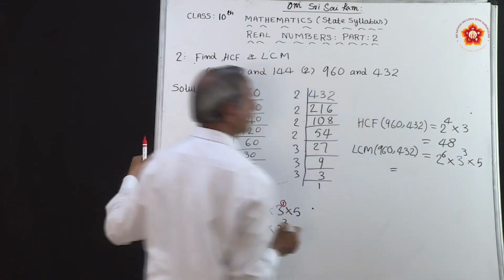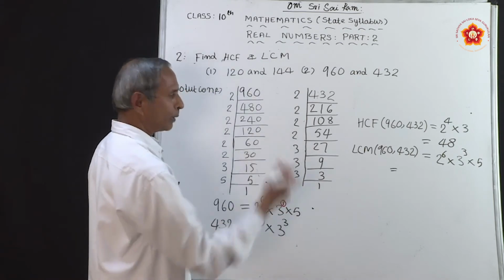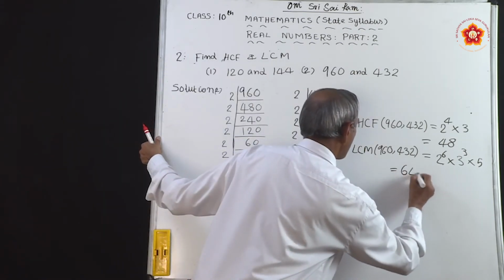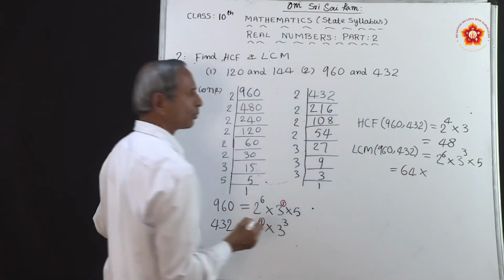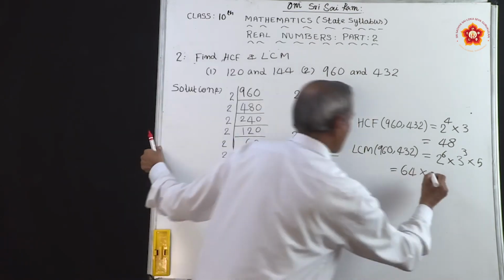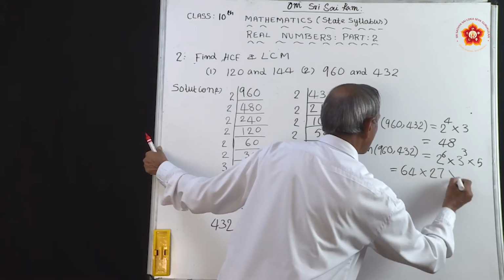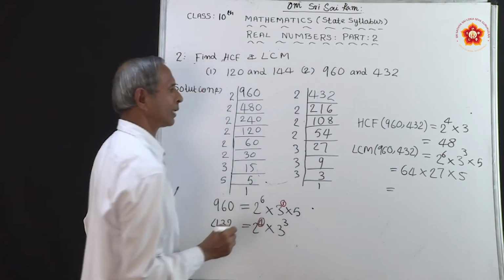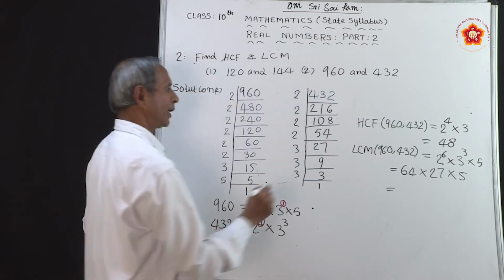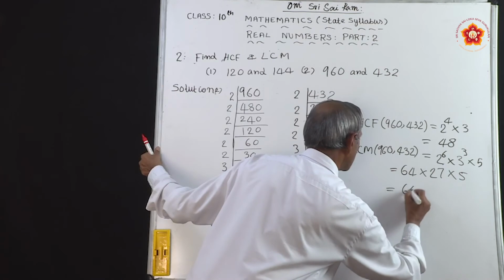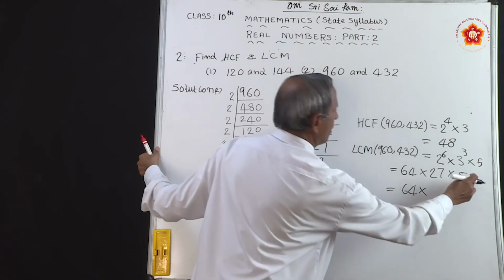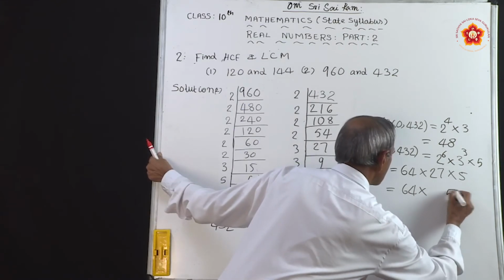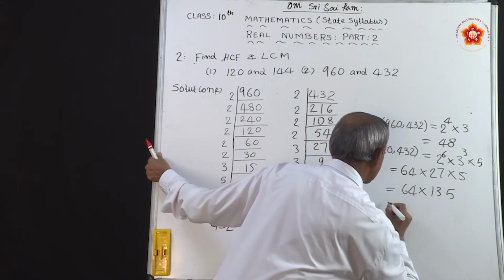Now, the final answer becomes 2 to the power of 6, you will get 64, and 3 cube becomes 27 into 5. All numbers you have to multiply now to get the answer. Therefore, you will get 64 into 135.